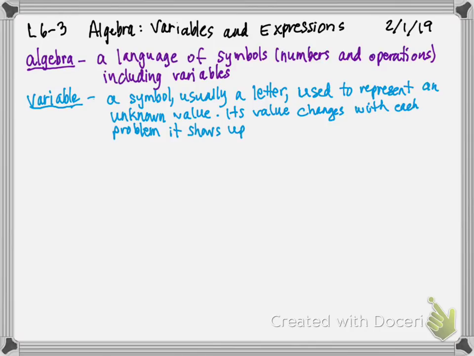So basically what I'm saying is if I have x in one problem, it may turn out to have a value of 7, but that same variable x could equal 3 in a different problem, and x in a third problem could equal -1. So that variable, when we defined it, is for that problem only, and every time that variable shows up in a new problem, it can be worth something else.